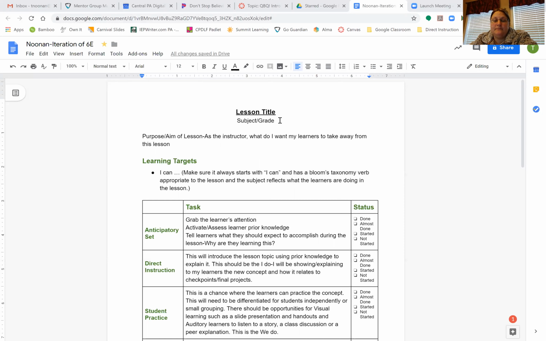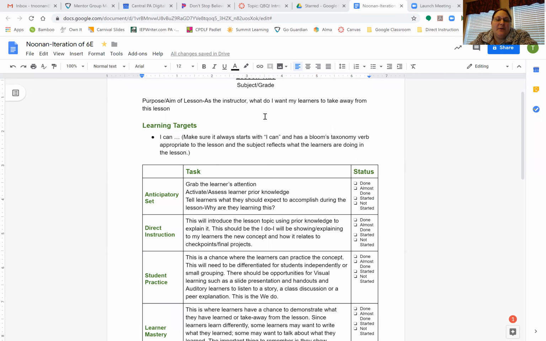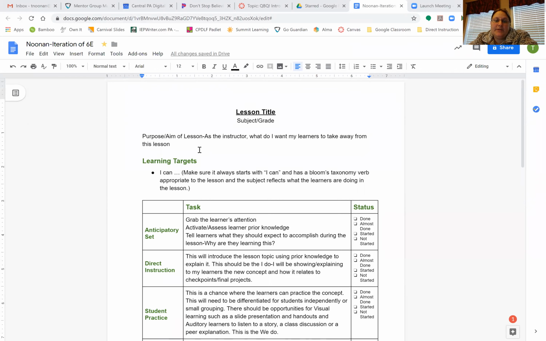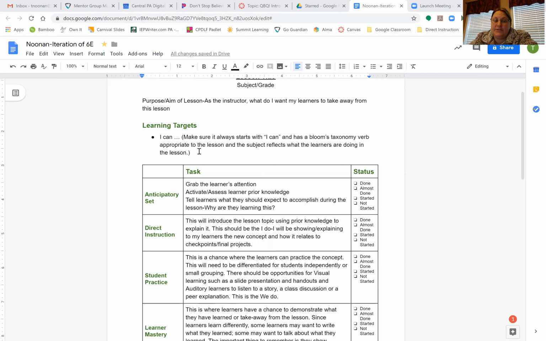Maybe I just like to make things harder on myself. So I also included a purpose or an aim of the lesson. As the instructor, what do I want my learners to take away from this lesson? And then I kept the learning target objective. I like that they get to hear, I can. This is what I can do when this is over.